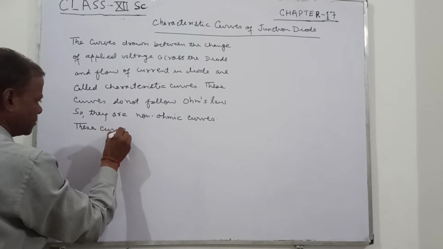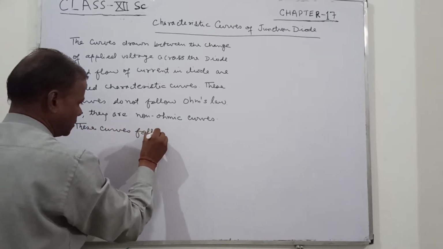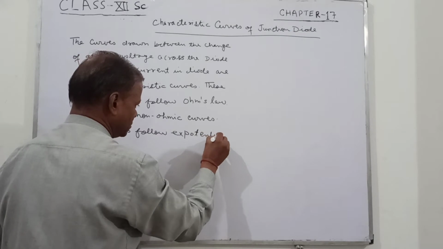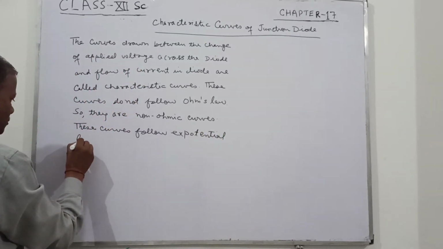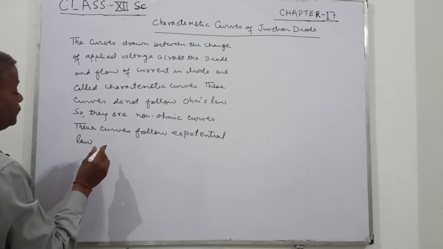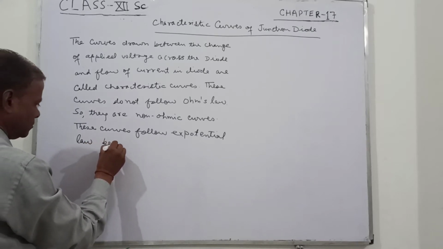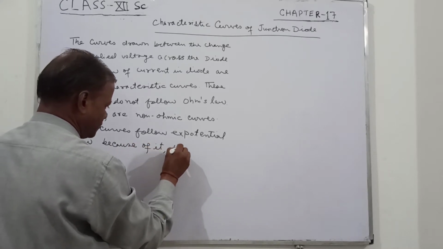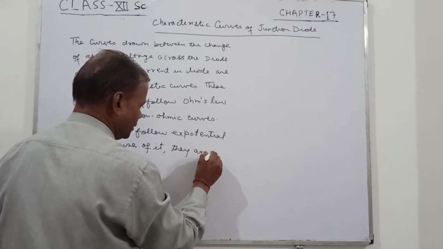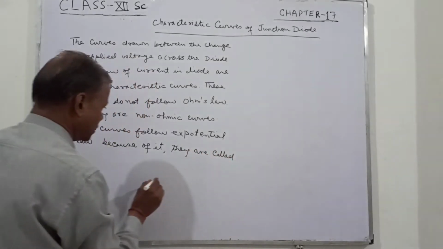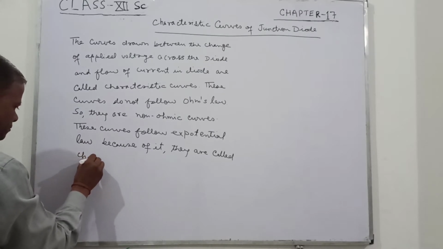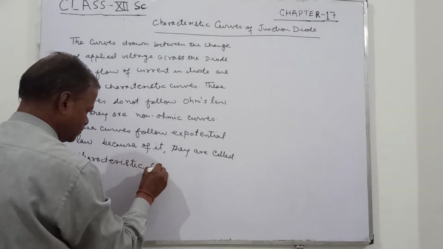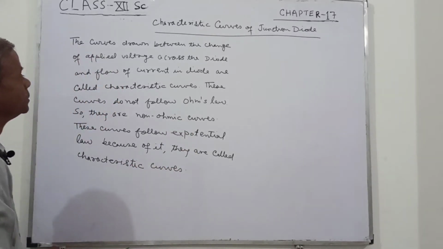These curves follow exponential law. Because of it, they are called characteristic curves.